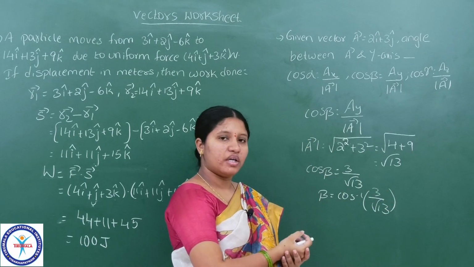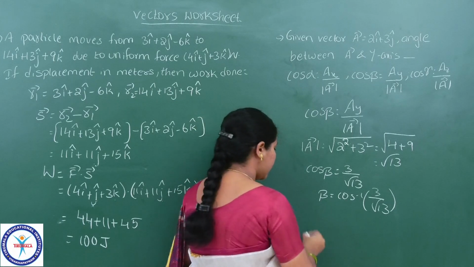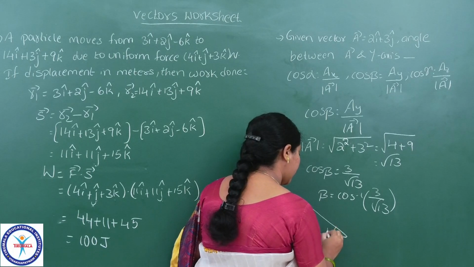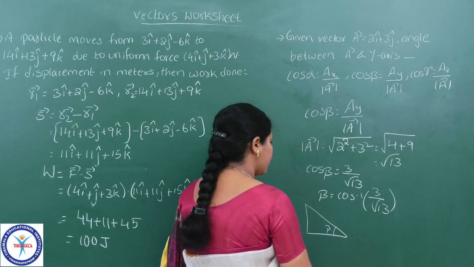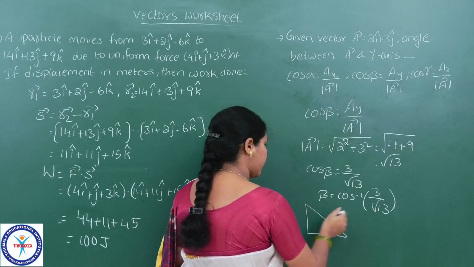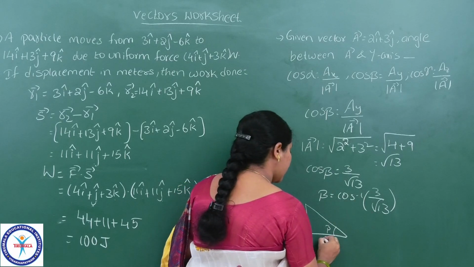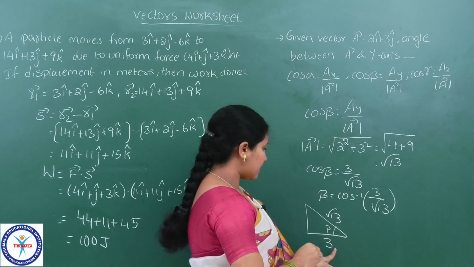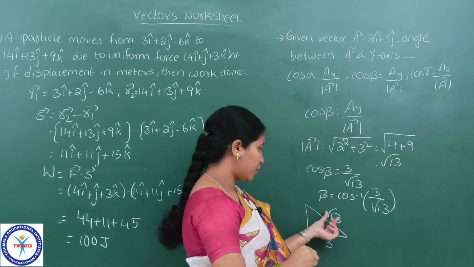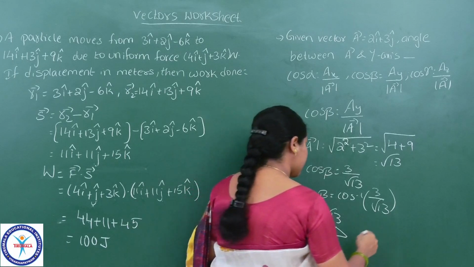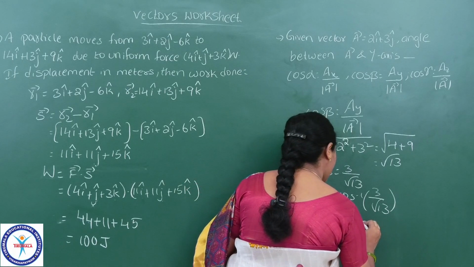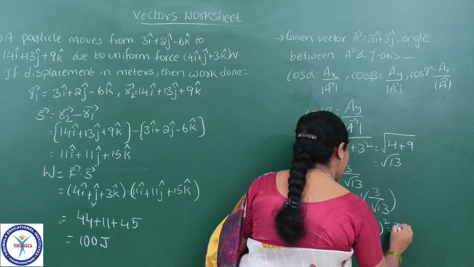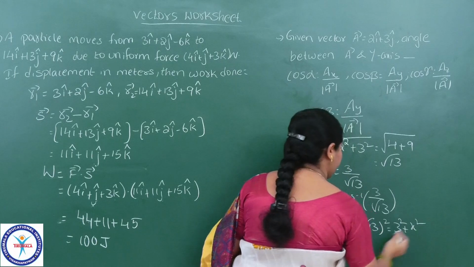Or if we want in terms of tan, we can consider a right angle triangle. Let this be beta, the angle. So, the cos theta is equal to adjacent side by hypotenuse. So, as adjacent side is 3, hypotenuse is root 13, we get the other side by using Pythagoras theorem, root 13 whole square equal to 3 square plus x square.